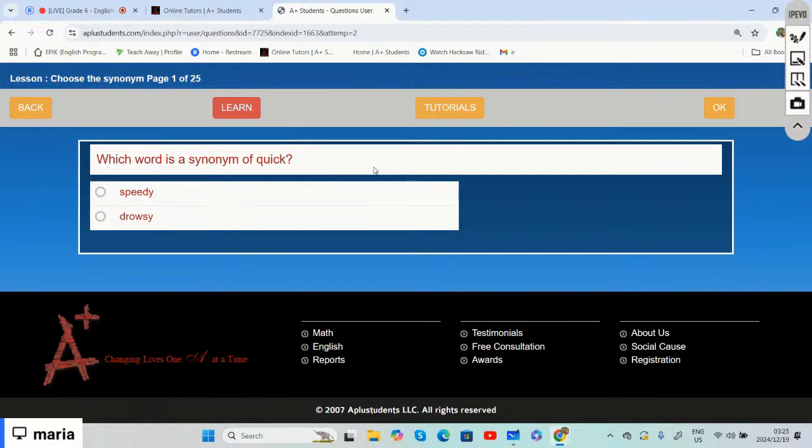What is the synonym of quick? Like quickly. Quick.